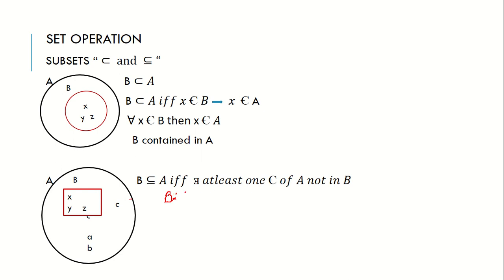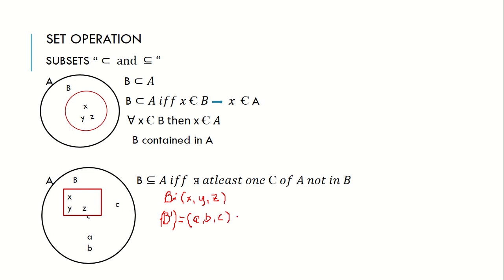So the elements of B are x, y, and z. If B is contained in A, we call the remainder B complement. These are the elements of A not in B. B complement are the elements of A not in B, and we have a, b, c.